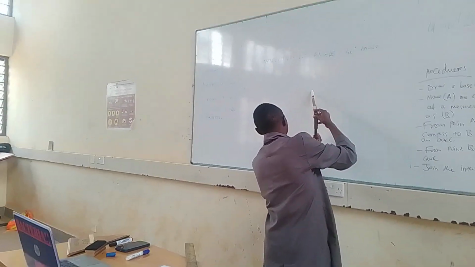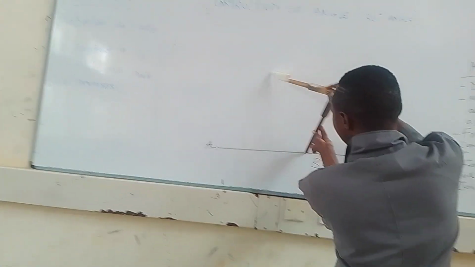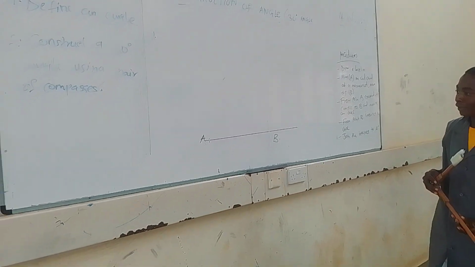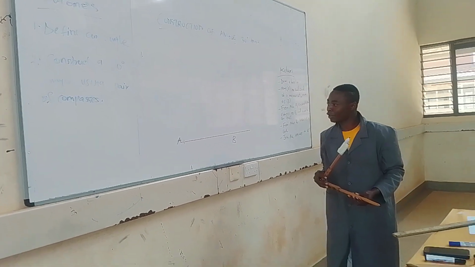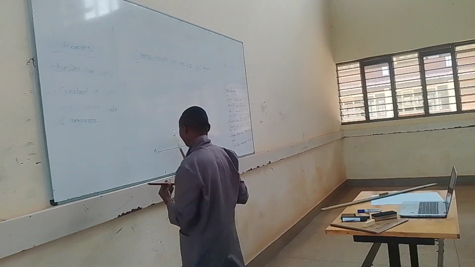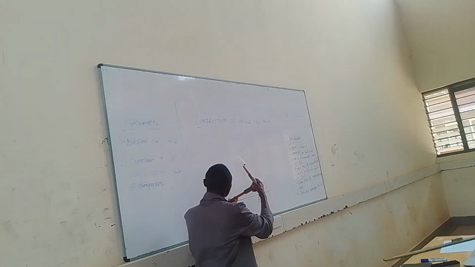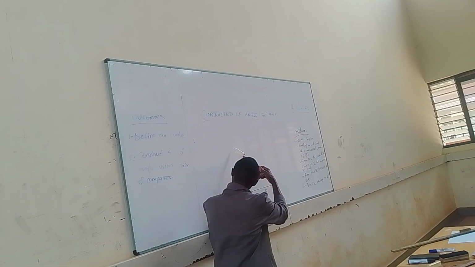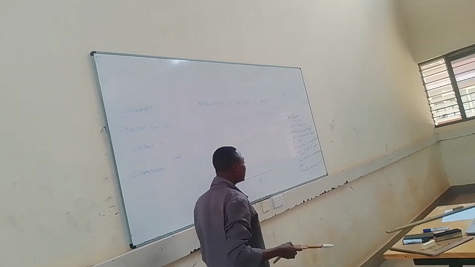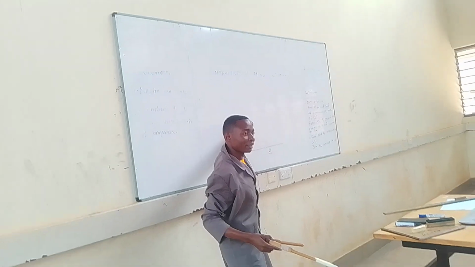An arc. After you have done that, return to point A and intercept the arc which has been constructed before. You get that point, the intersection.